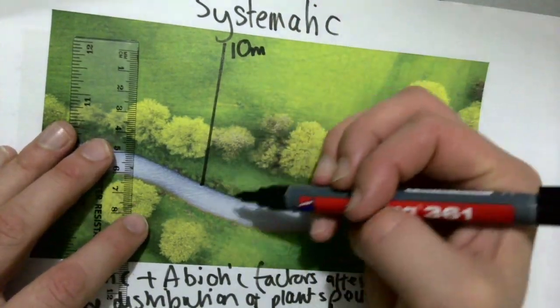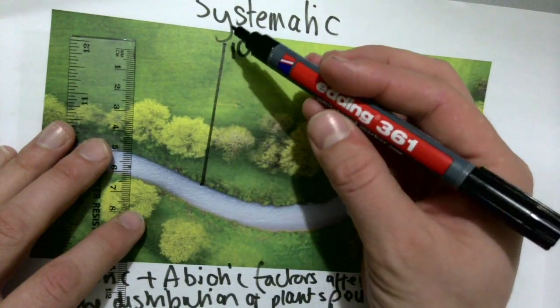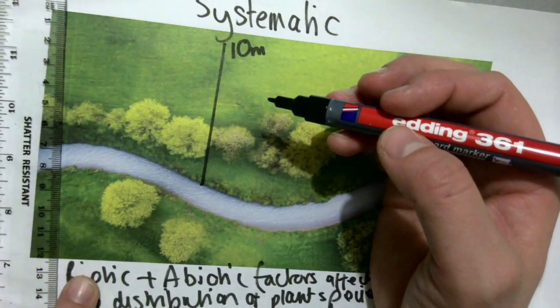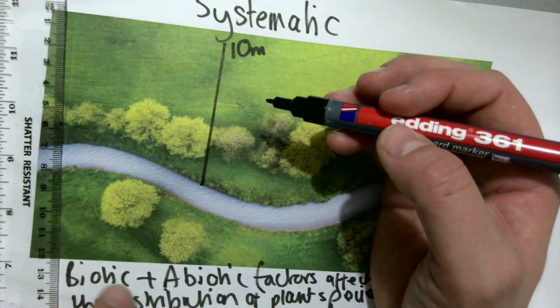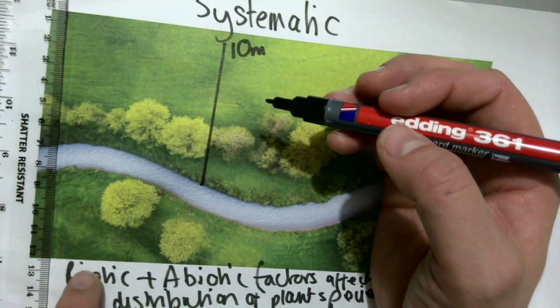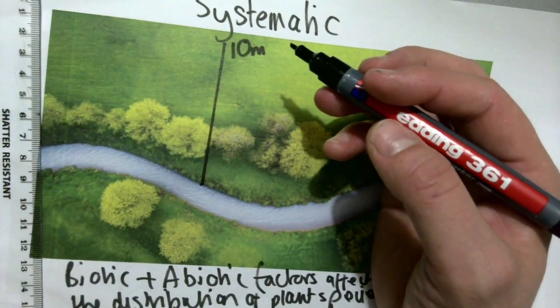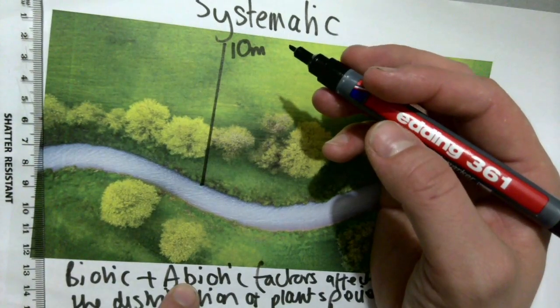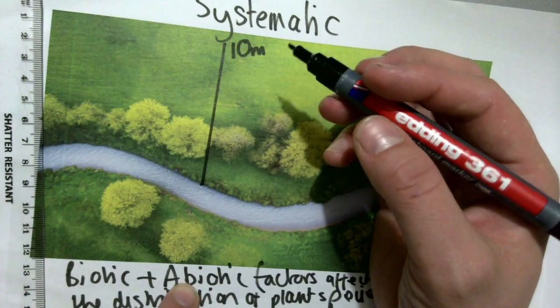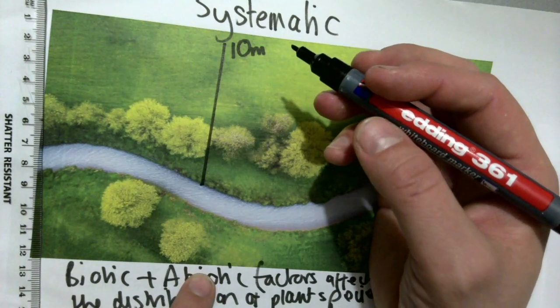We want to look at how does the distribution of plant species differ along this line, if it is a living factor, bio, or a non-living factor, abiotic. So this would be disease. This would be other animals that were predating on flowers. This would be water availability, oxygen availability, light availability, shade availability, and so on and so forth.